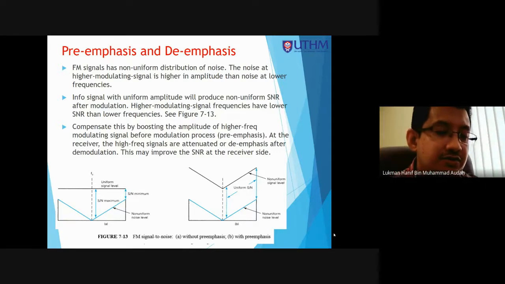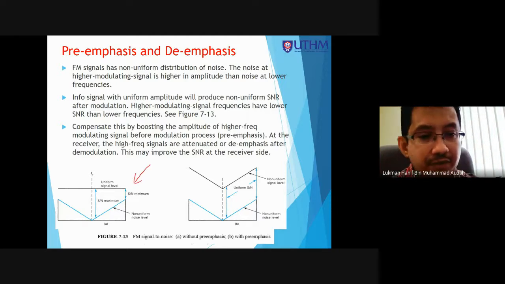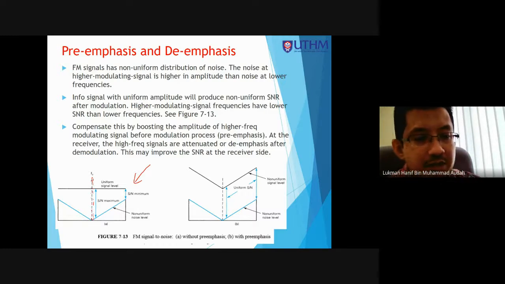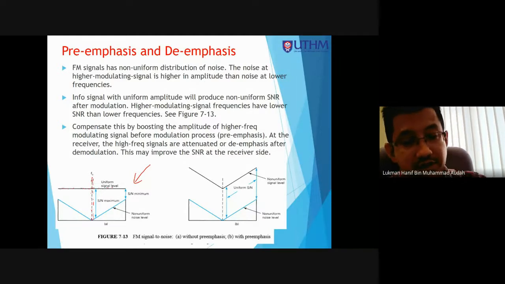This is described here in the picture on the left. You see that the carrier frequency is at the center over here. And as you know, in angle modulation, the amplitude of the signal is consistent with the carrier amplitude. It is a uniform signal level.